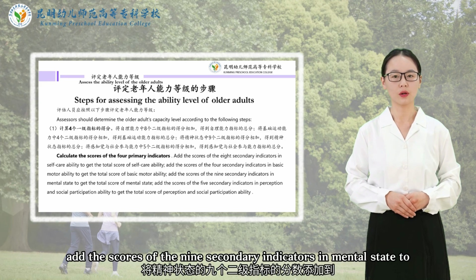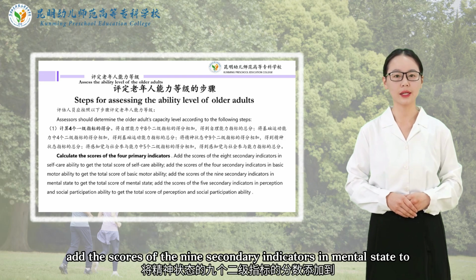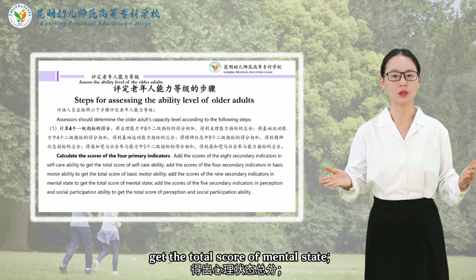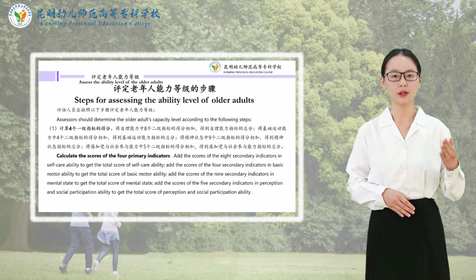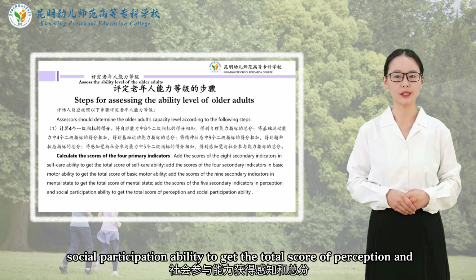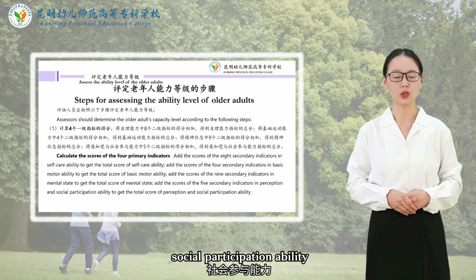Add the scores of the 9 secondary indicators in mental state to get the total score of mental state. Add the scores of the 5 secondary indicators in perception and social participation ability to get the total score of perception and social participation ability.